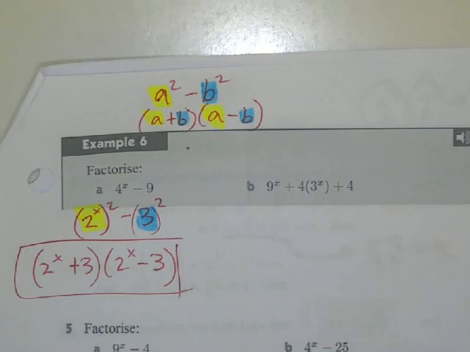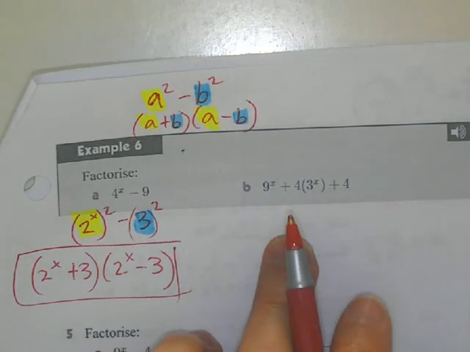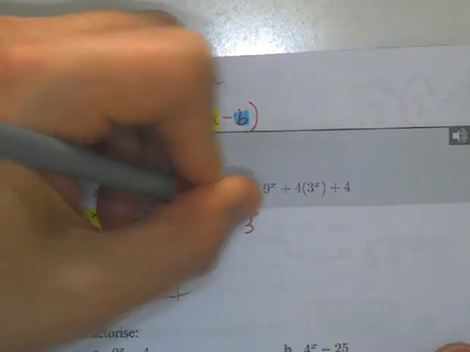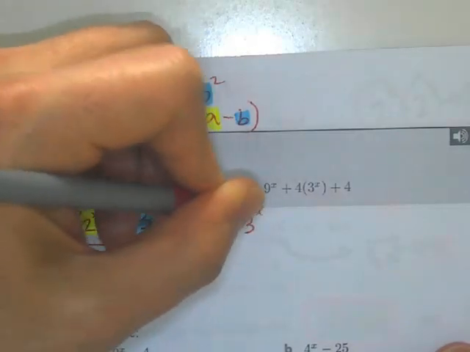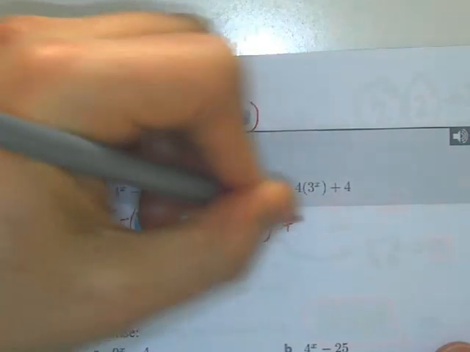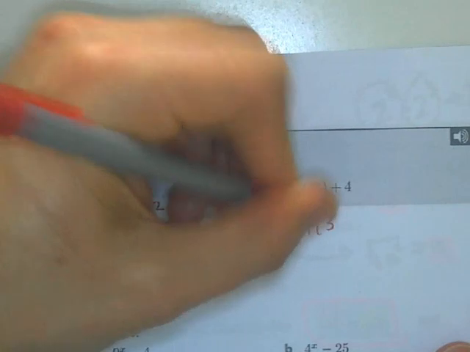Okay. This question 2 here, let's think of this as 3 to the x squared plus 4 times 3 to the x plus 4.